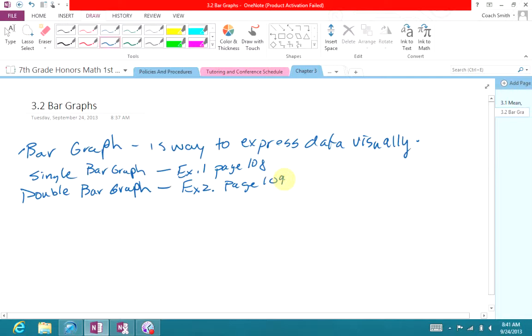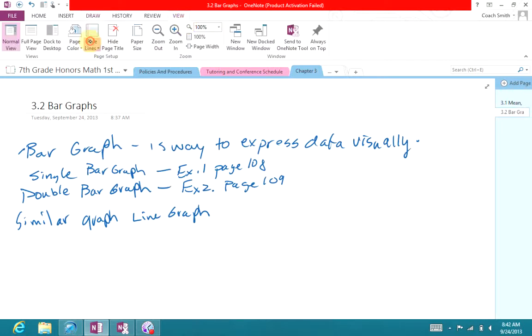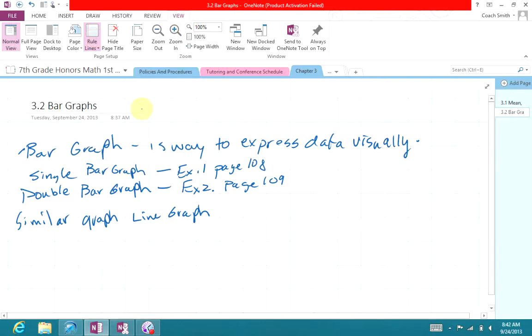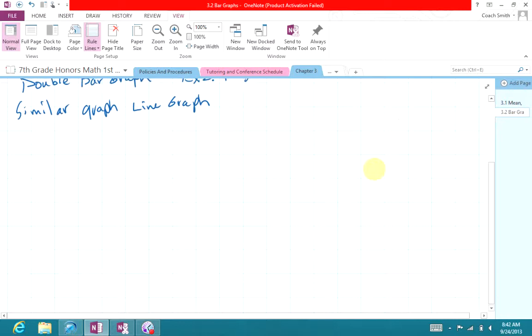And then we have a similar graph that we call a line graph. Okay. It is similar to a bar graph, and I'll explain and show you here in a second why that is true. Okay. Let me change my view here to get my graphing paper. That one. Okay.